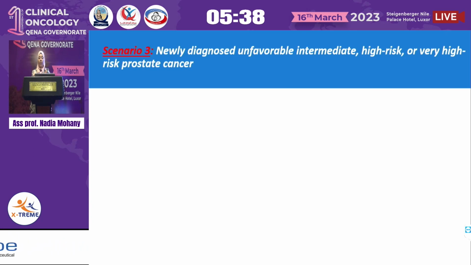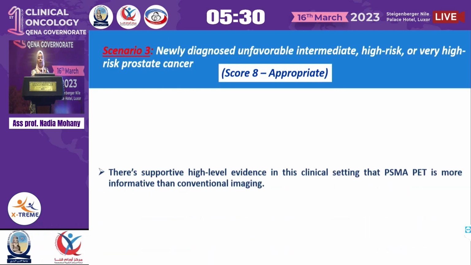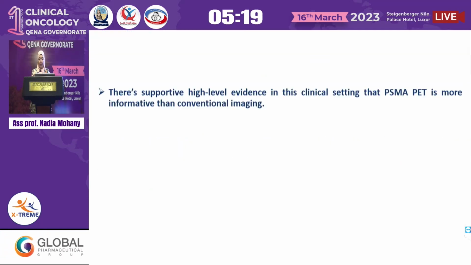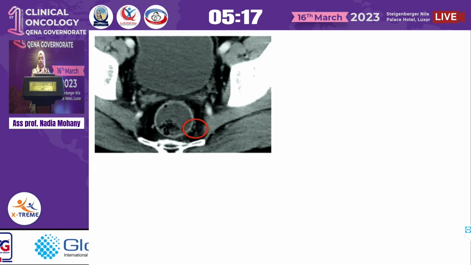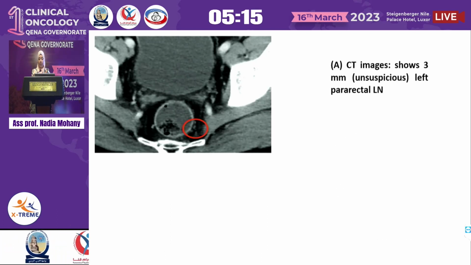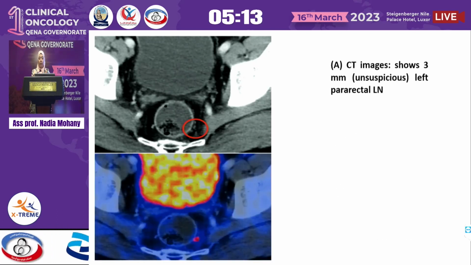Scenario number 3, newly diagnosed unfavorable intermediate, high risk or very high risk prostate cancer, score 8, appropriate. There is supportive high level evidence in this clinical setting that PSMA PET is more informative than conventional imaging. This high risk patient underwent PET CT.